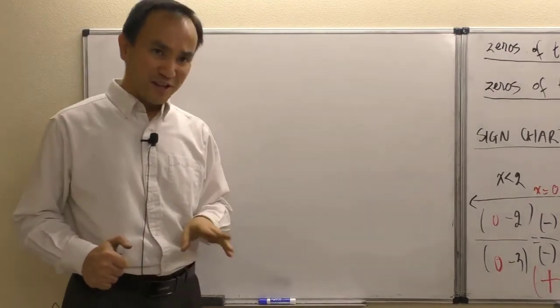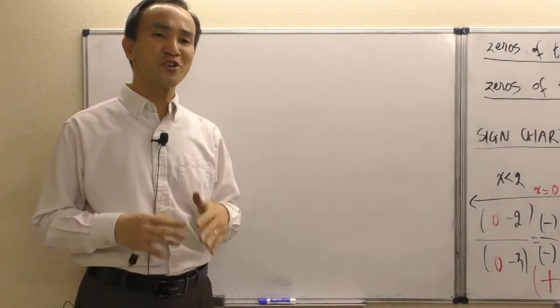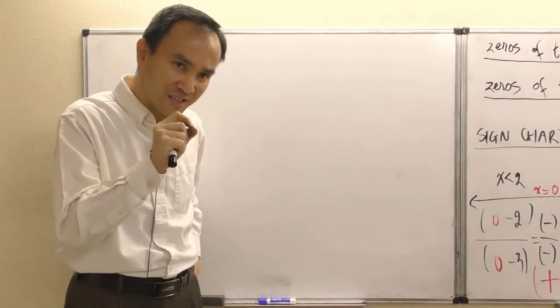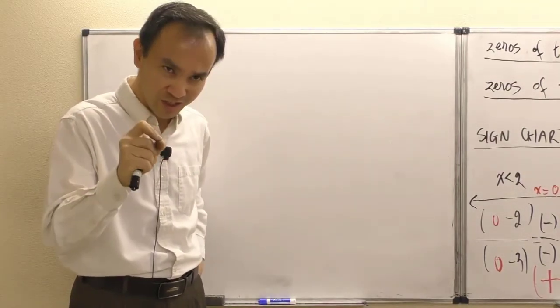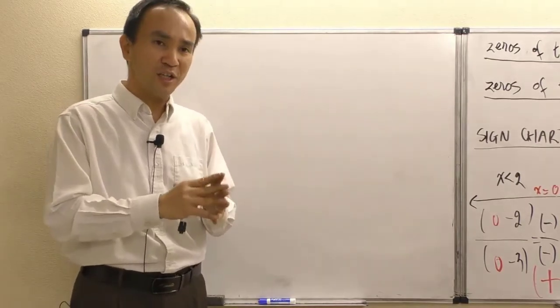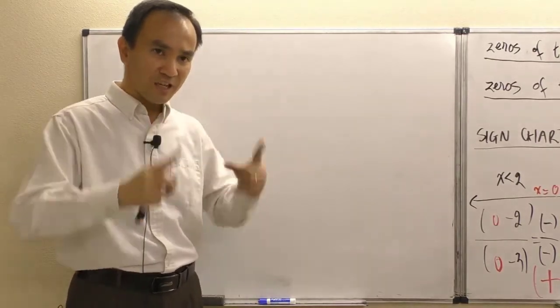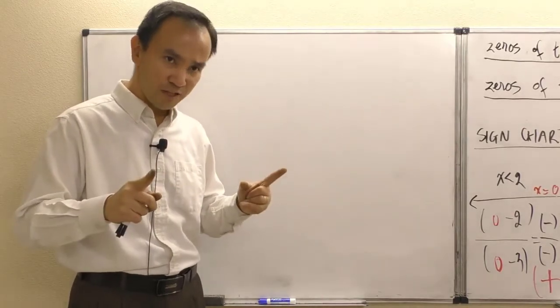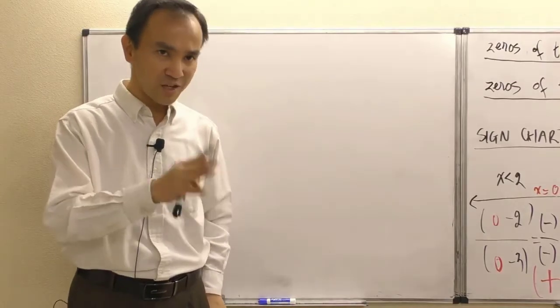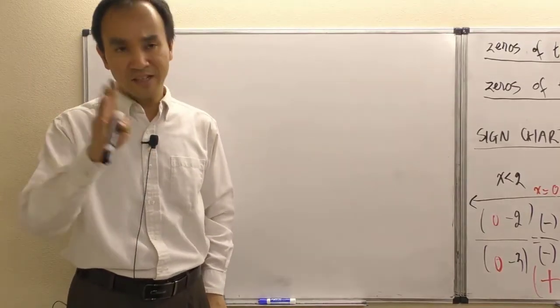All right, and so now we are ready to handle those rational inequalities where the inequality symbol does come with the equal sign. Like I said, I primarily focused on those inequalities where the inequality signs did not come with equal signs. Now we're going to spend some time looking at those where the equal signs come along.